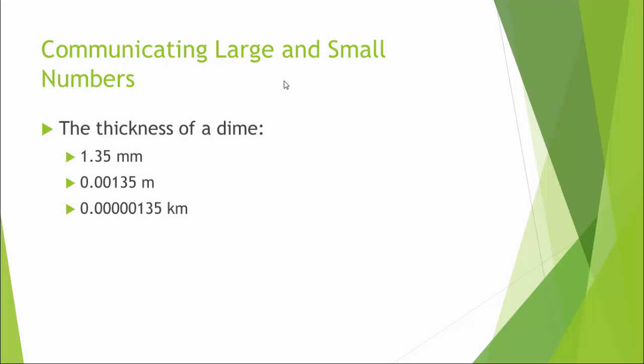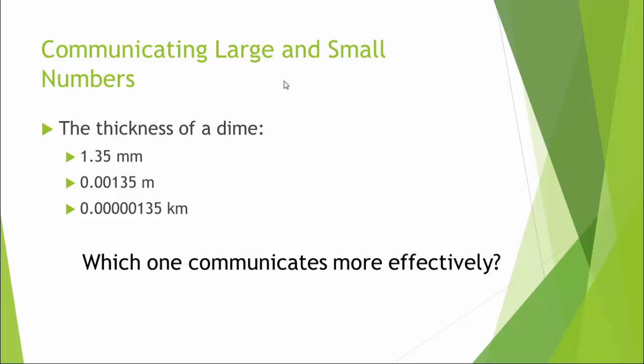By the way, if we want to communicate the thickness of a dime, it's quite effective to communicate in millimeters, 1.35 millimeters. However, in other instances, we may need to be able to talk about that thickness in other units, especially meters. If we want to talk about, for example, how fast heat flows, we might have a calculation in meters per second, and then we'd need meters for that thickness.